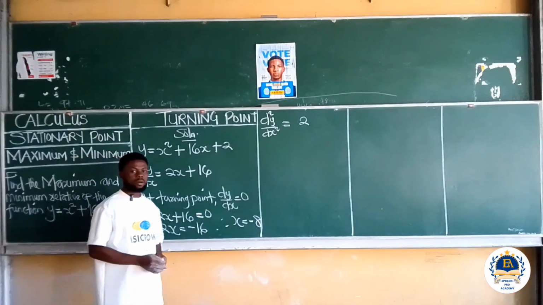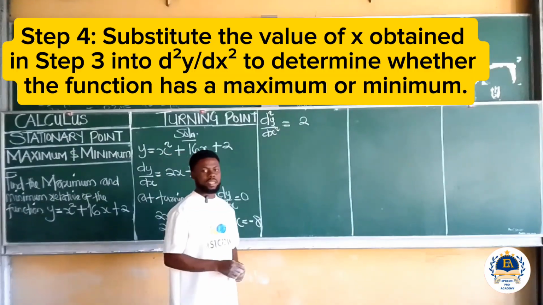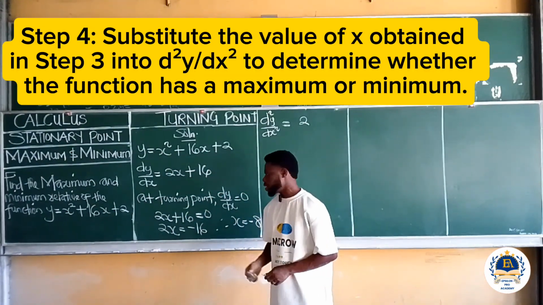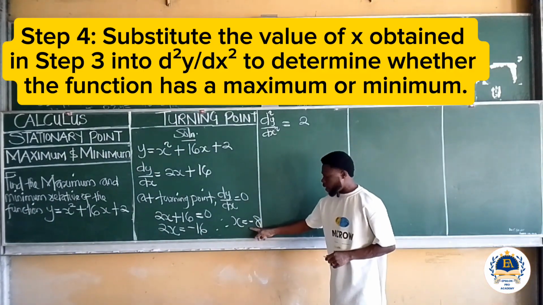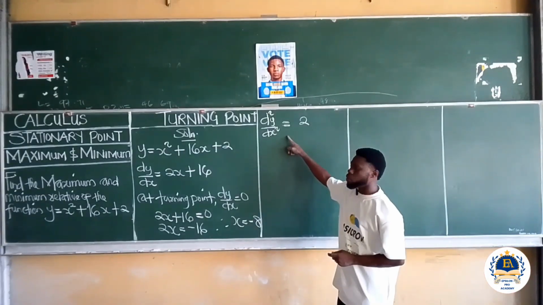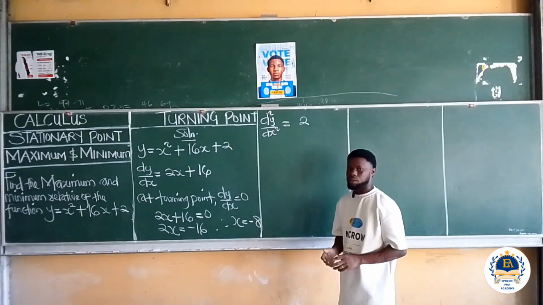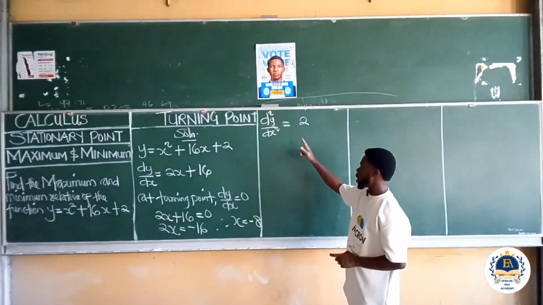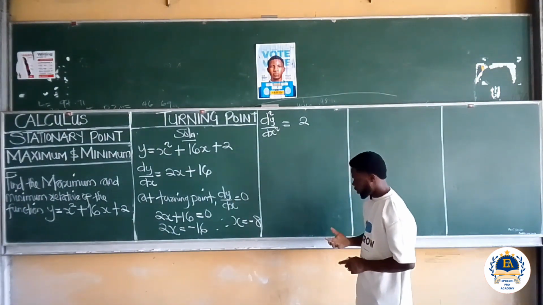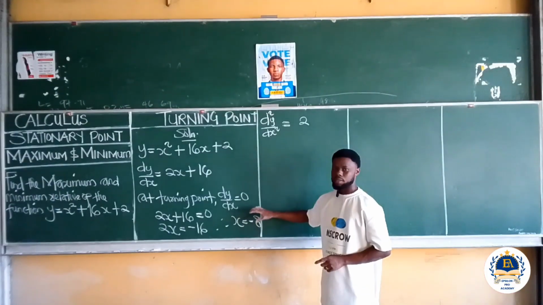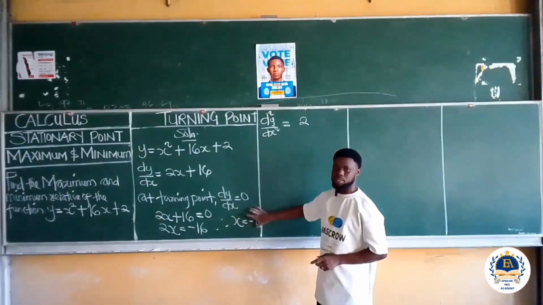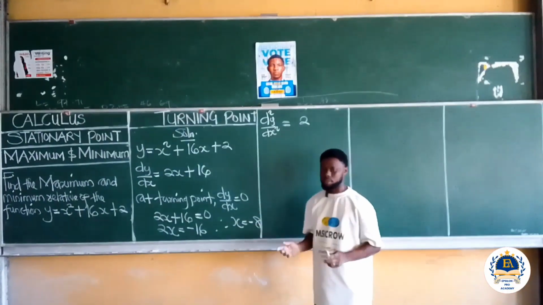Now step number 4. This is the step where we can determine if the function is increasing or decreasing. That means we are meant to substitute this value into the d2y over dx squared. In this case, where the d2y over dx squared is a constant term, all we have to do is replace the x by this, which is minus 8.